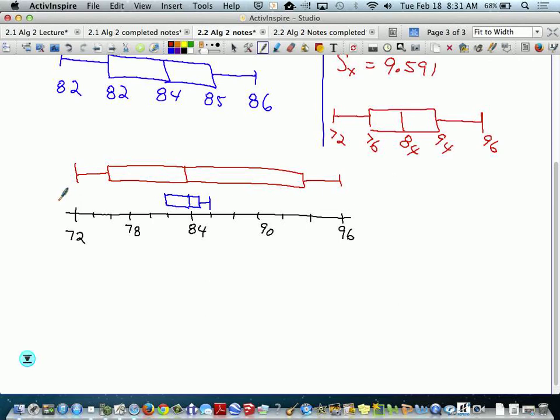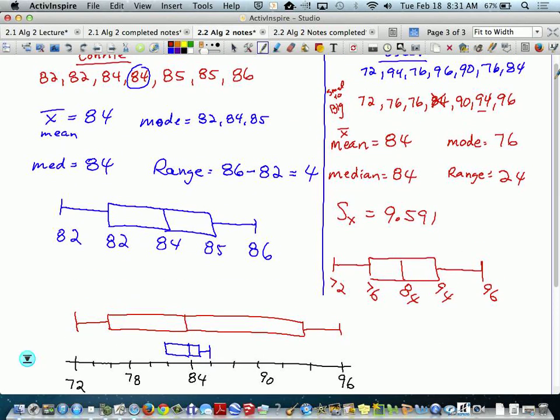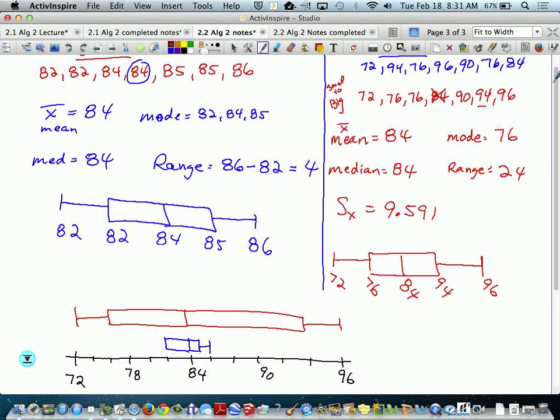But let's go back and look for outliers. All right, so I'm going to go back up here so we can see the numbers, and I'm going to use these two boxes. IQR. What is the IQR for the blue data right here?